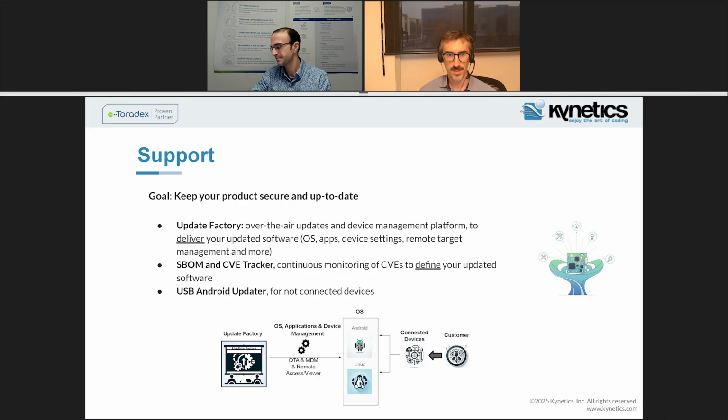CRA is going to make it ever more important to track the software bill of materials. Android as an operating system produces the list of software that is part of the operating system, but you need to analyze that. So you need an SBOM analyzing tool that will provide you with a list of CVEs affecting your product, and that can then be used to decide whether to apply a software update.